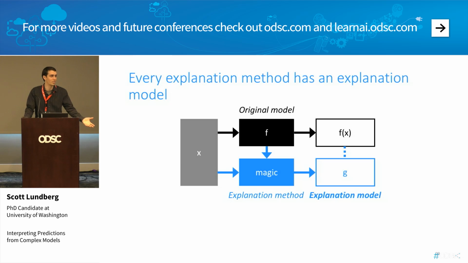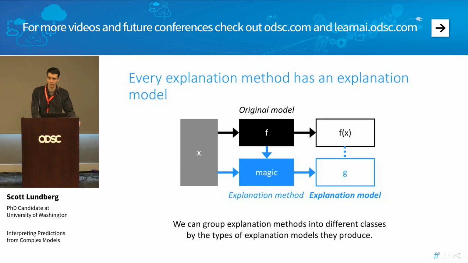What does its explanation actually mean? It also has another implication, and that is that we can group explanation methods into different classes based on the types of explanation models that they produce. If there's a whole range of different methods that produce explanation models that are all in the same mathematical structure, then we can compare them and make some progress in organizing this field. Does that make sense?